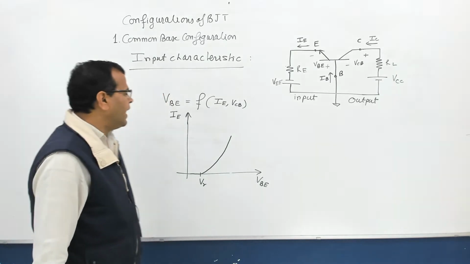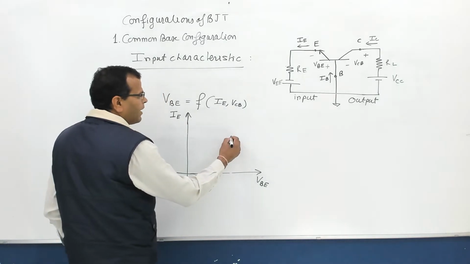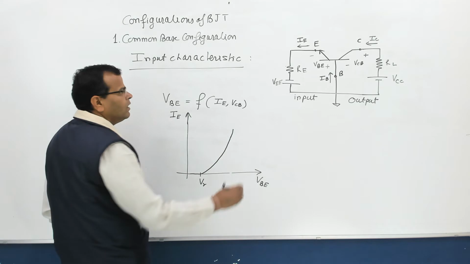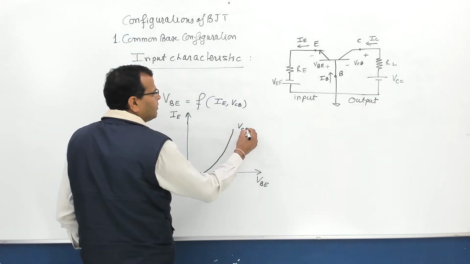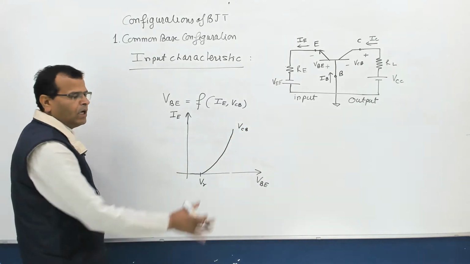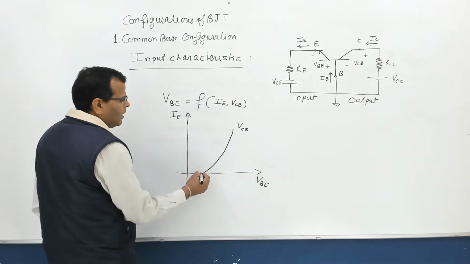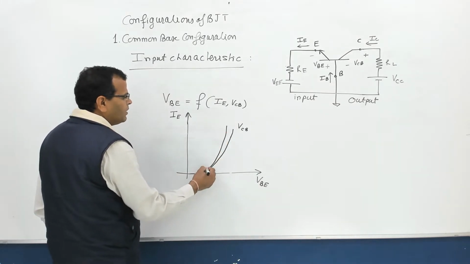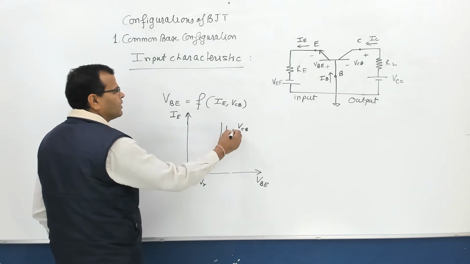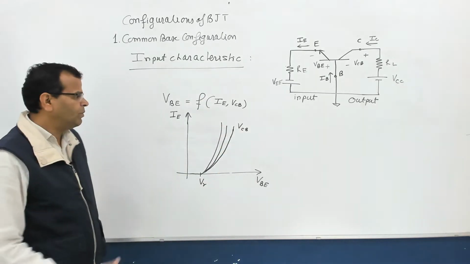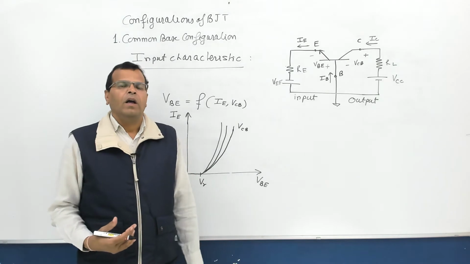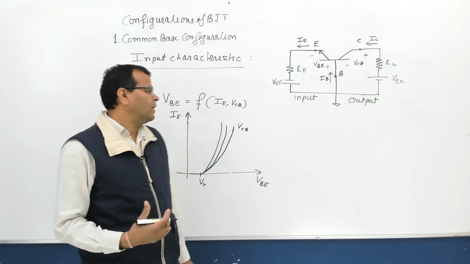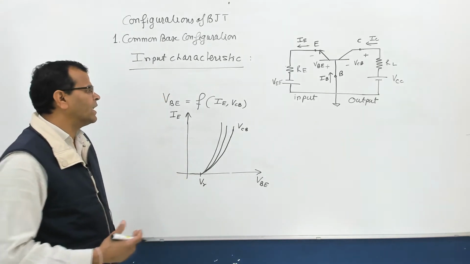Fine. And this characteristic is dependent on one thing, that is VCB. Please do remember that. This is a function of VCB. If you go on increasing VCB, you will find this characteristic will shift like this. How it is happening, why it is happening, we will see that later.